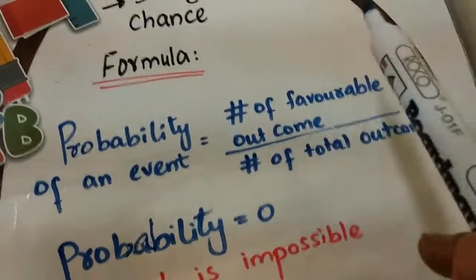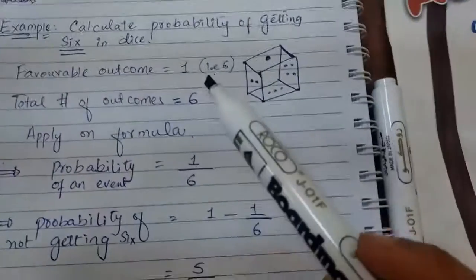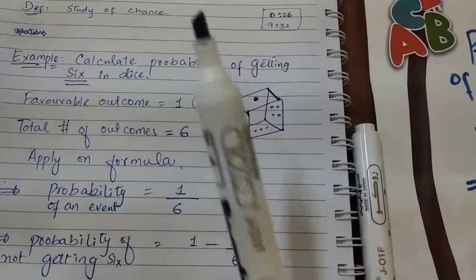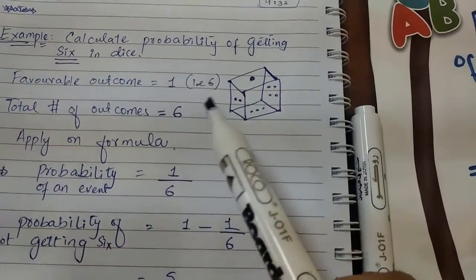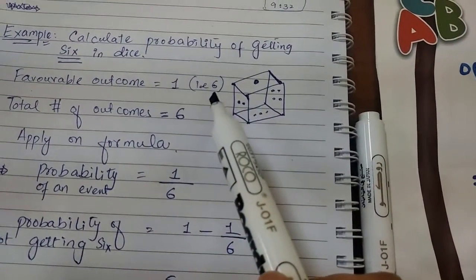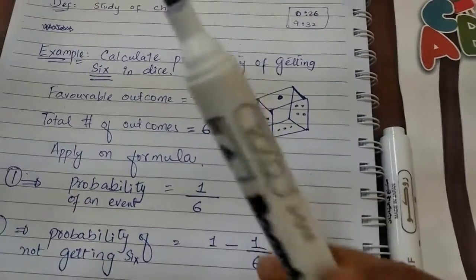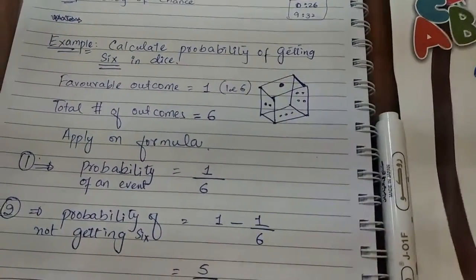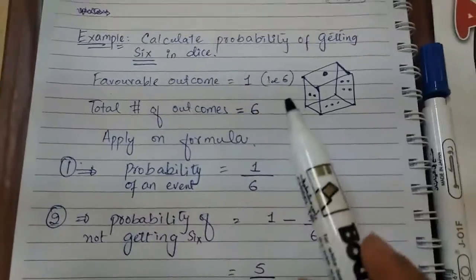Now we have to write the number of favorable outcomes. How many is 6? 6 is one number, so I am going to write 1 over here. Instead of writing 6, we write the event: we are going to get the 6 number one time, so one outcome.